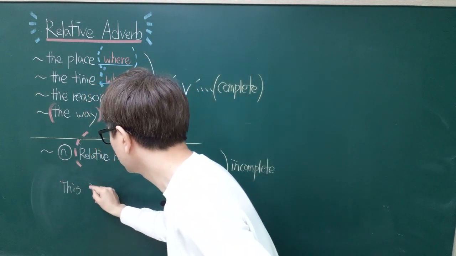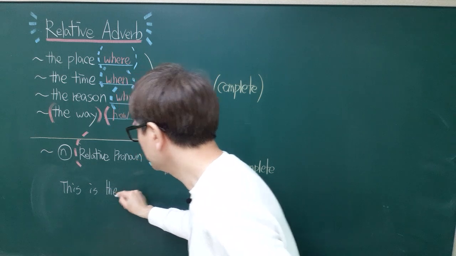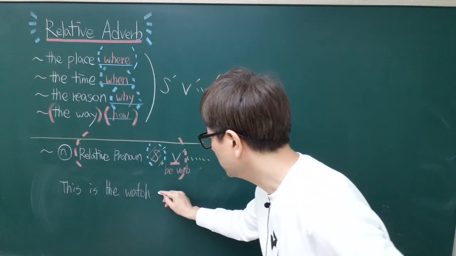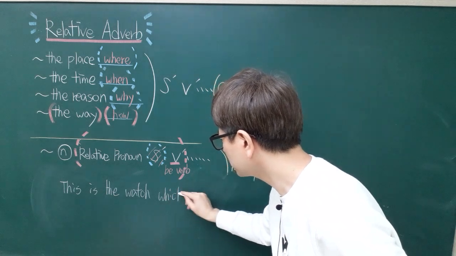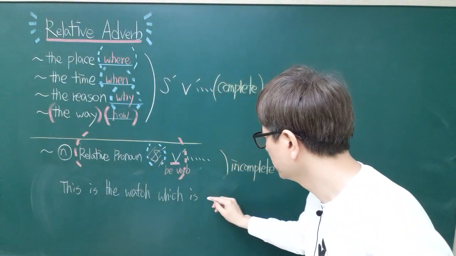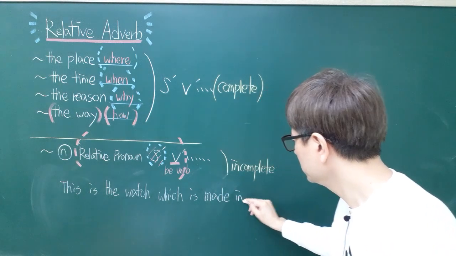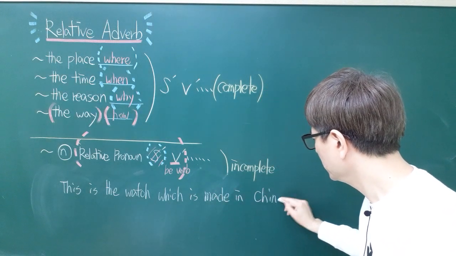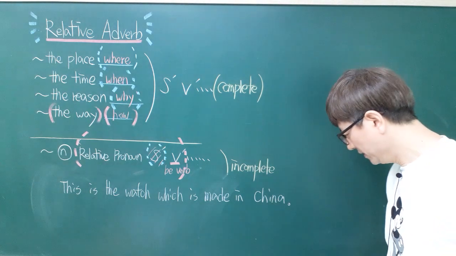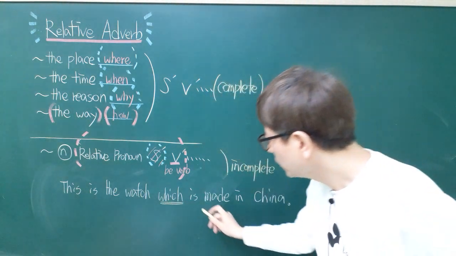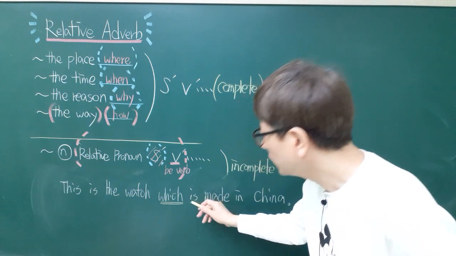This is the watch which is made in China. Look at this. Relative pronoun, and we have a be verb.